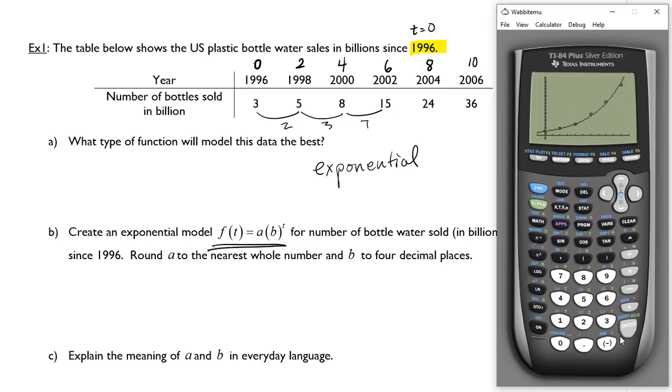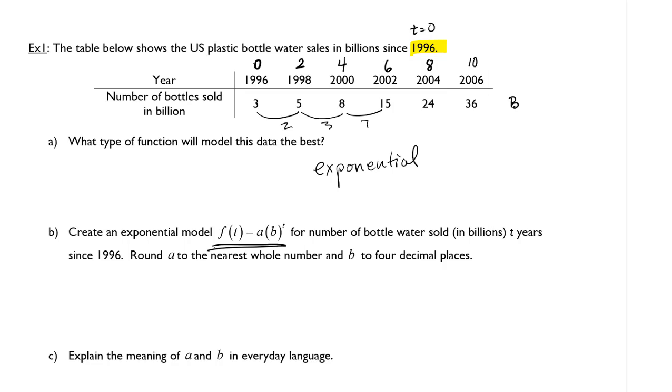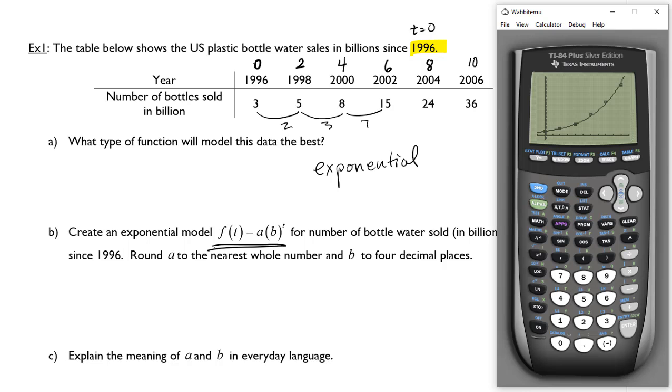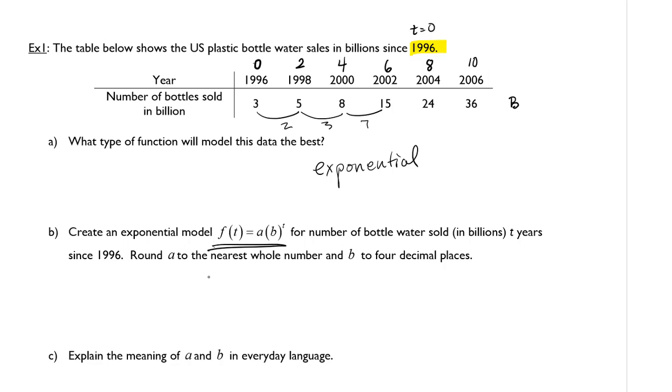Now, in our scenario here on the handout, we're asked to round a to the nearest whole number and b to 4 decimal places. So let's go ahead and look at the equation here. We had a is 3.027, etc., but we want a rounded to the nearest whole digit, so a equals 3.